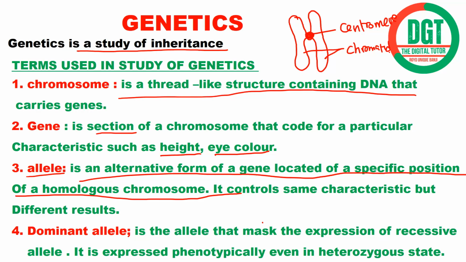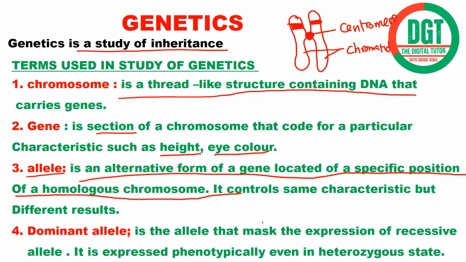So if you look at this chromosome, the section of the chromosome there has the gene, and now this gene has two forms. So the two forms of a gene is what we call the alleles.